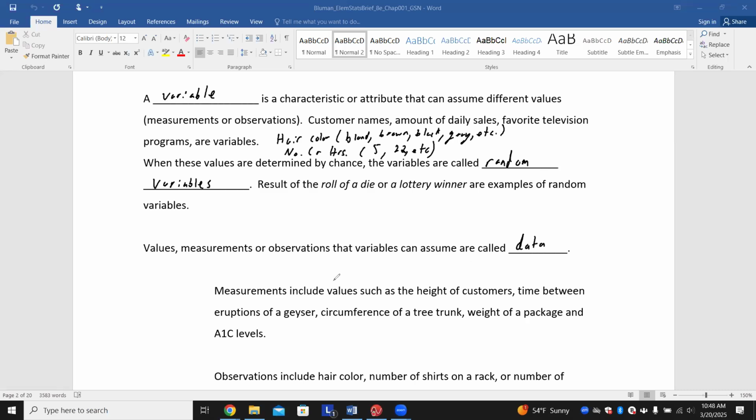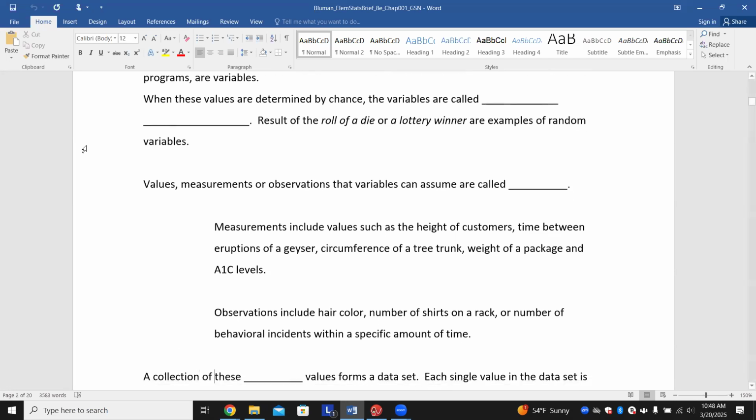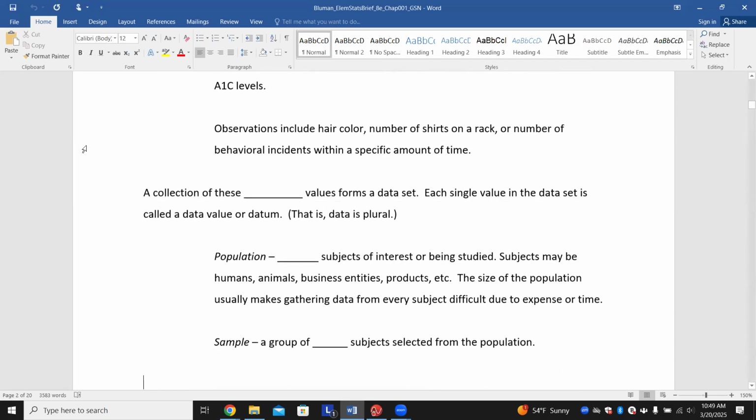Measurements include such things as the height of customers, time between eruptions of geysers, circumference of a tree trunk, weight of a package, A1C levels, all different types of examples to represent measurements. Observations include things like hair color, number of shirts on a rack, number of behavioral incidents within a specific amount of time, all observational things that you've observed.